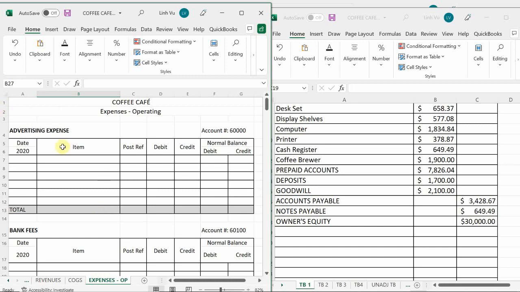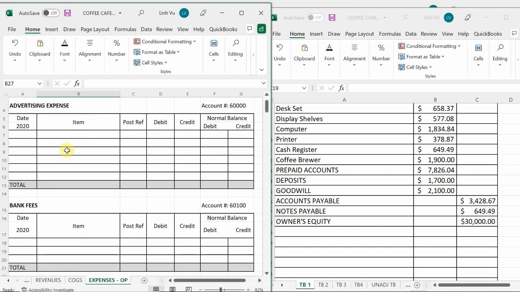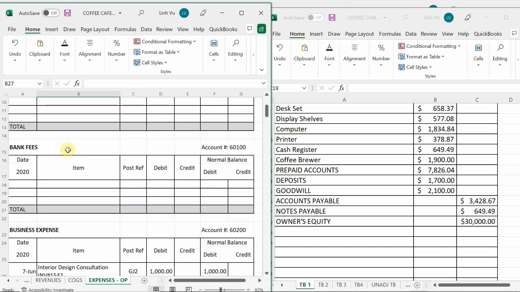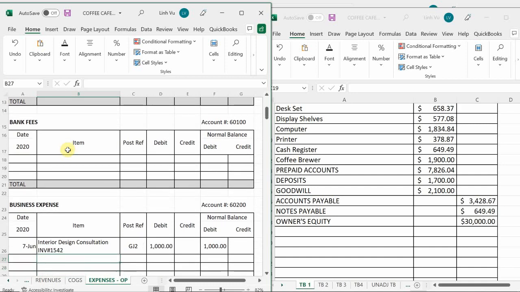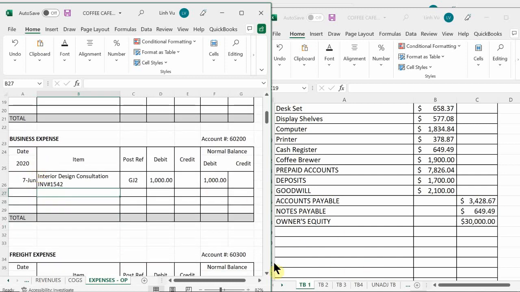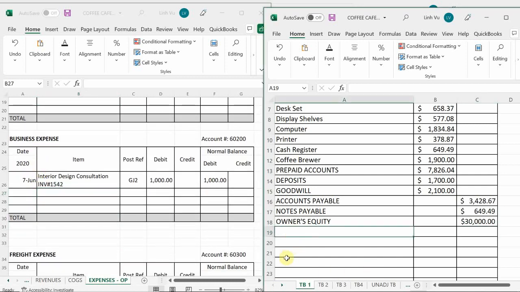In this case, did we spend money on advertising expense? No, not yet. Any bank fees? Did we get charged any bank fees? Not that we know of, because we haven't received our bank statement yet. The first one I have is a business expense. I had to pay for Miss Kim Robinson to come and consult on interior designing.